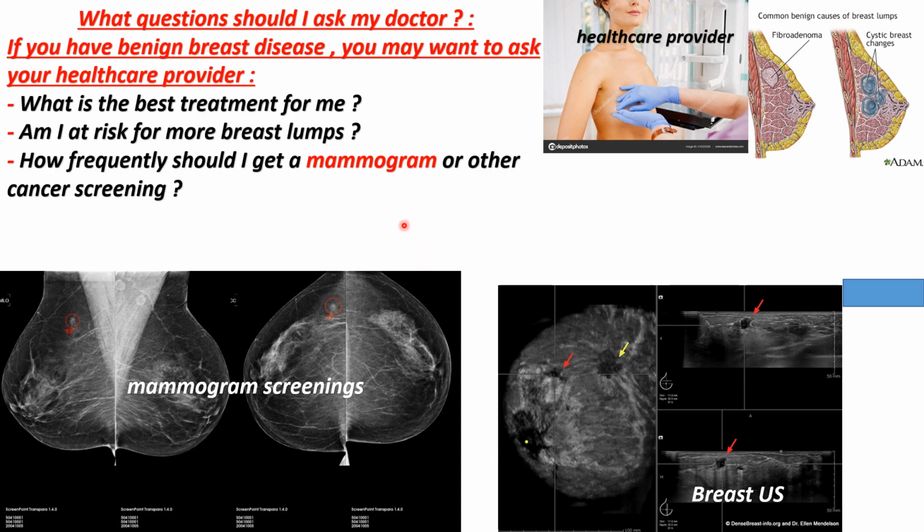The question now, what questions should I ask my doctor? If you have benign breast disease, you may want to ask your healthcare provider, what is the best treatment for me? Am I at risk for more breast lumps?